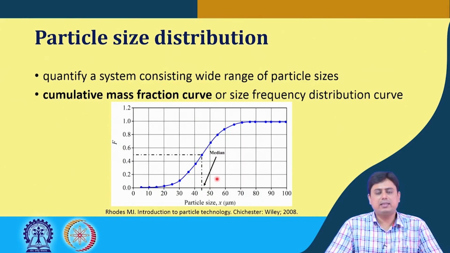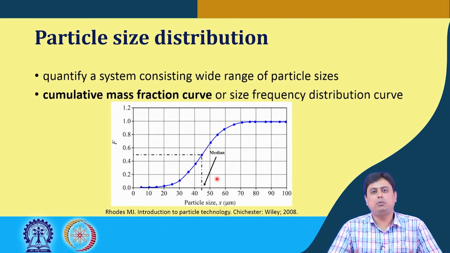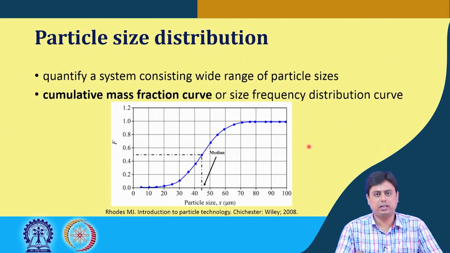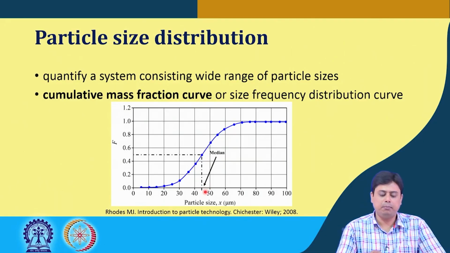So, if you have a sample that consists of particle sizes up to 100 micron and has such a cumulative mass fraction curve, you find the median, and the characteristic dimension of the particle, or the number by which you can designate this sample, is around 44 micron.